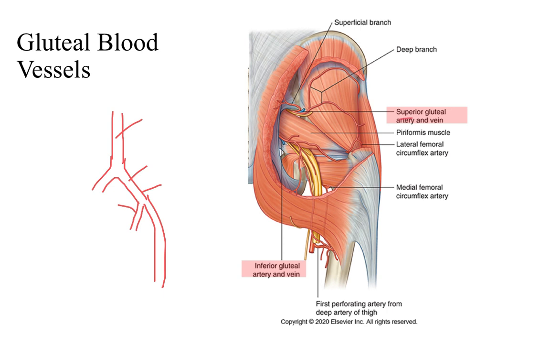We have the superior gluteal artery that's coming off of this internal iliac artery, going around out of the greater sciatic foramen, and the inferior gluteal artery, which is also going through the greater sciatic foramen and supplying the lower portions of the gluteal region with arterial blood. Notice also that veins are going to follow the same pathway and drain those regions as well.